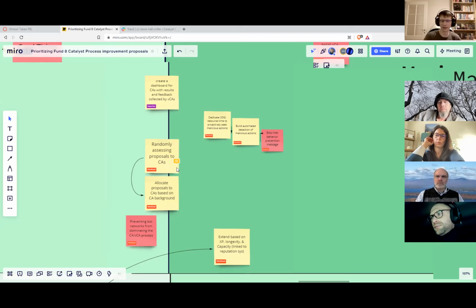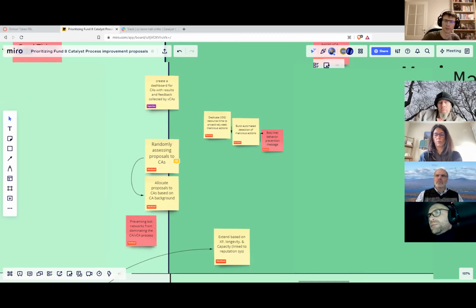You might need an accountant or a technical person or some specific skills to assess the proposals. So that would mean we need to better categorize the proposals themselves in order to randomize assessors based on their merit. I wouldn't do it right now, because I think it would do much more harm than good.